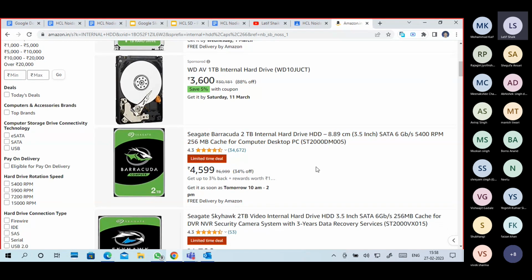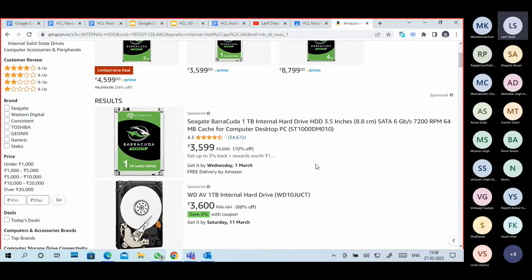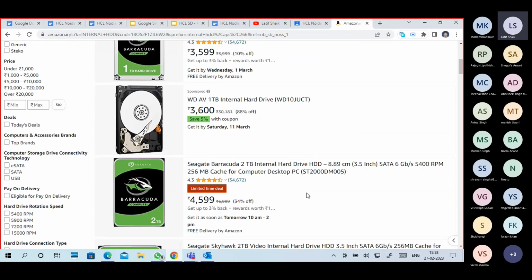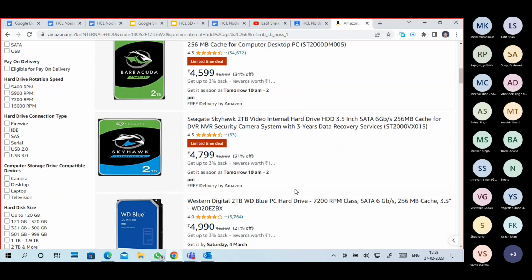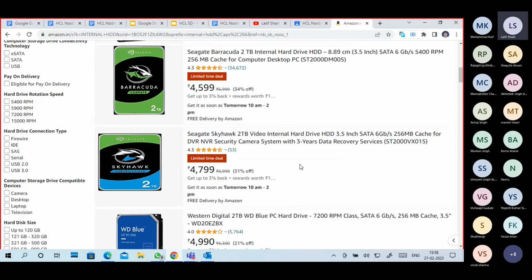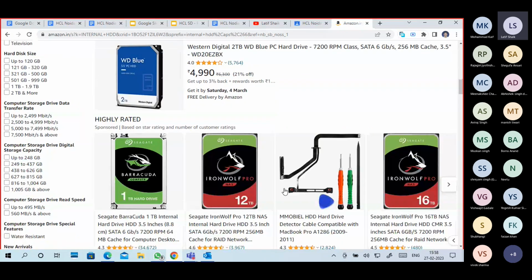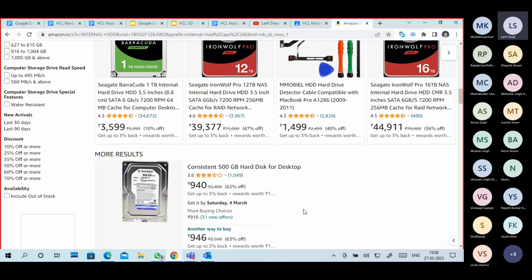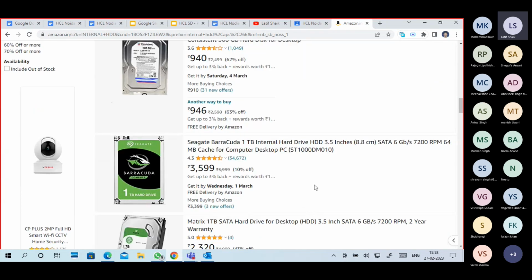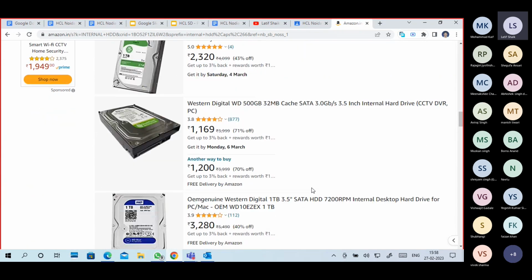Later you see it's not fit for your laptop. Of course, we see the data: this is 1 terabyte, this is 2 terabyte. But once the hard disk comes into your hand, it is not suitable for your laptop.